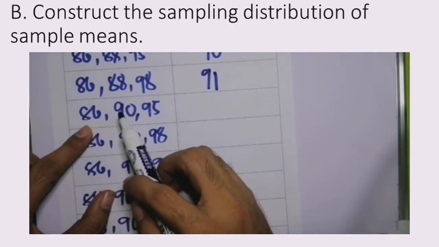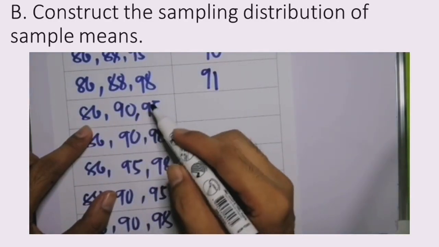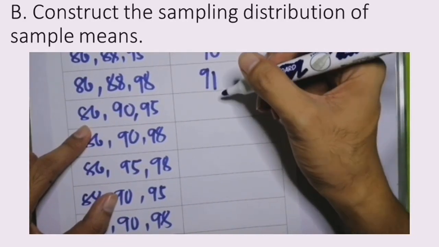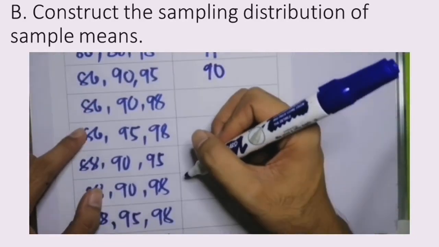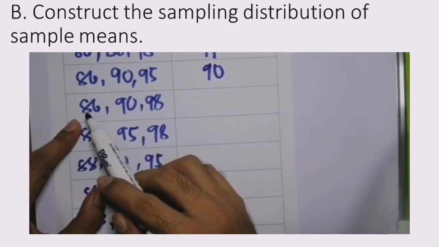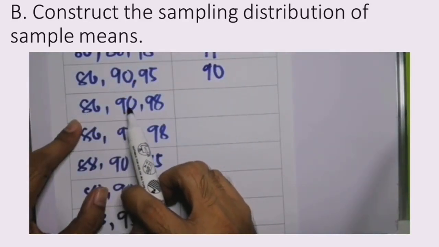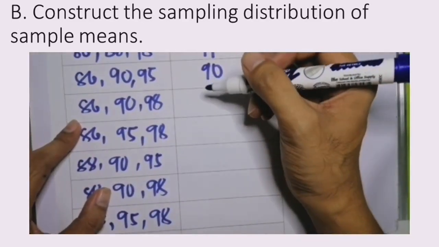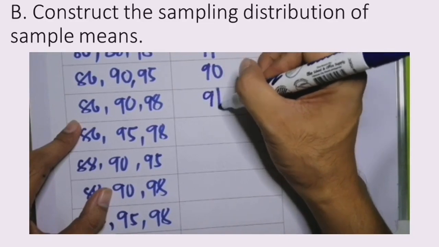Next, 86 plus 90 plus 95, then divided by 3, that's 90.3 or 90. And next, 86 plus 90 plus 98, then divided by 3, that's 91.3 or 91.